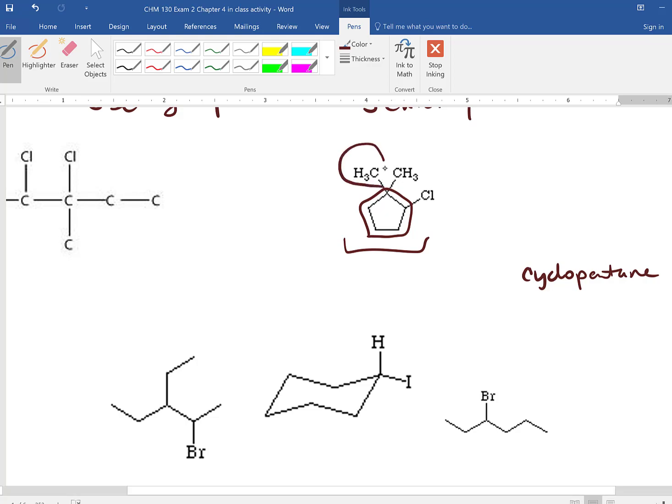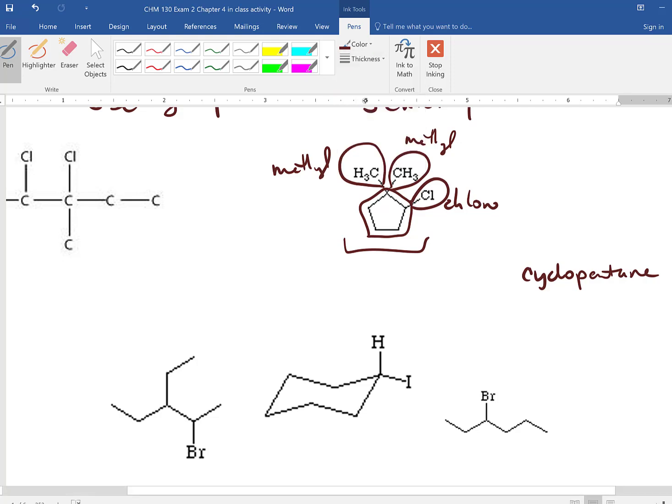So this, even though it says H3C, it's really a CH3. So it's a methyl. What's this one? It's also a methyl. And then this would be a chloro. All right, so I have 2 methyls and a chloro, and I've got to number them.